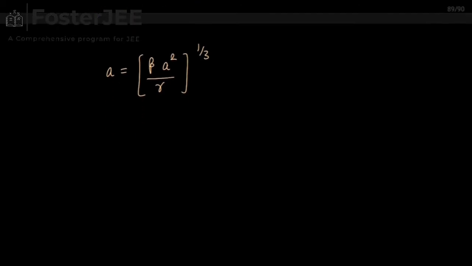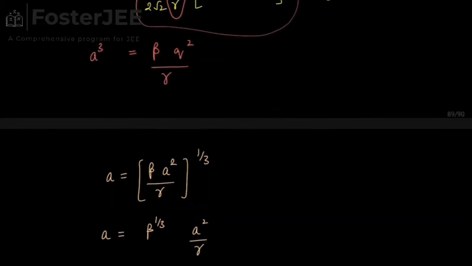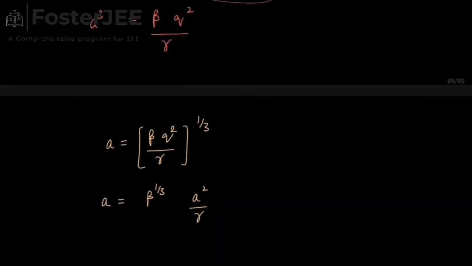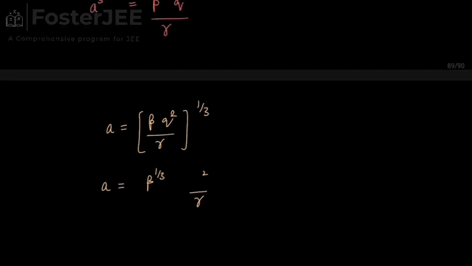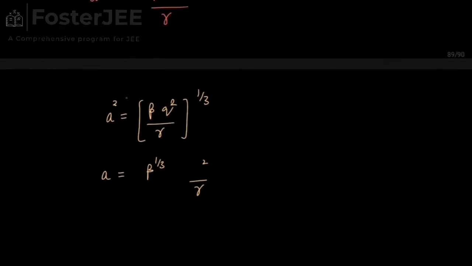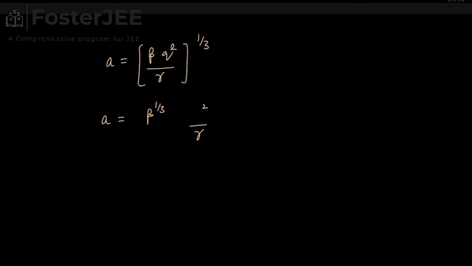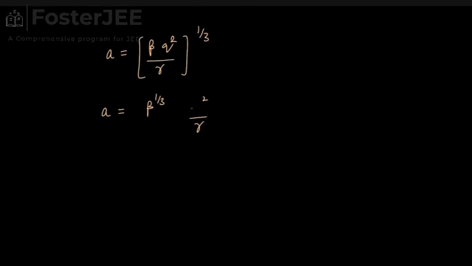Now, if we take beta out of this cube root, this becomes beta to the power 1 by 3 times q square by gamma. Sorry, this is not a square, this is q square, and this is a cube root. So this becomes q square to the power 1 upon 3, and according to the question, this is given as alpha.